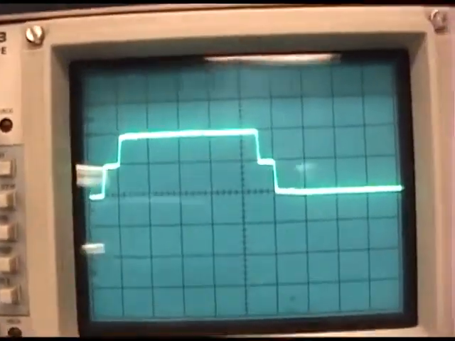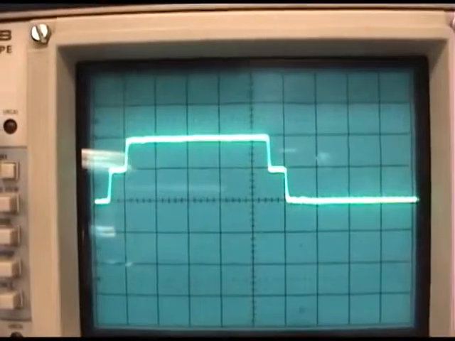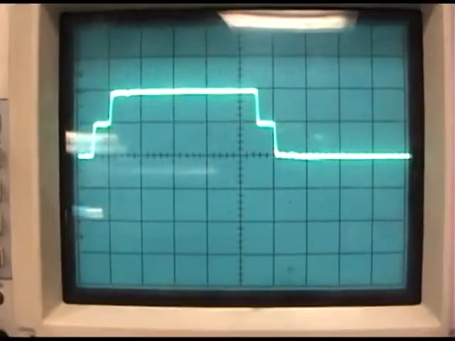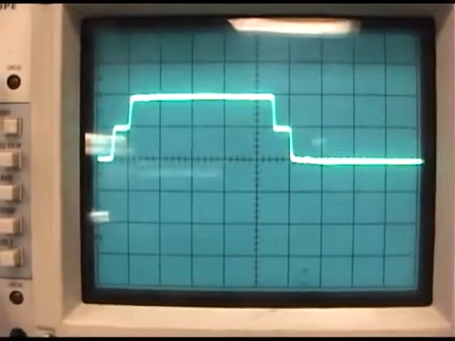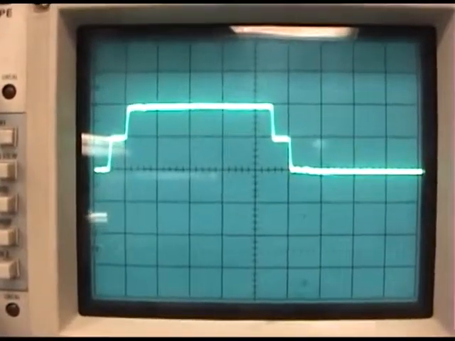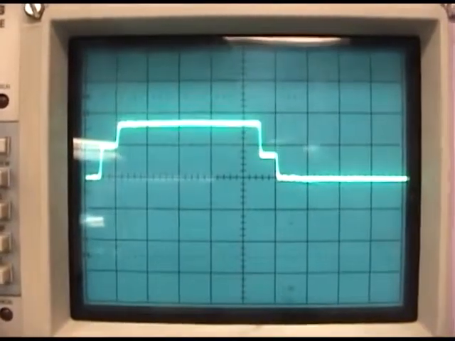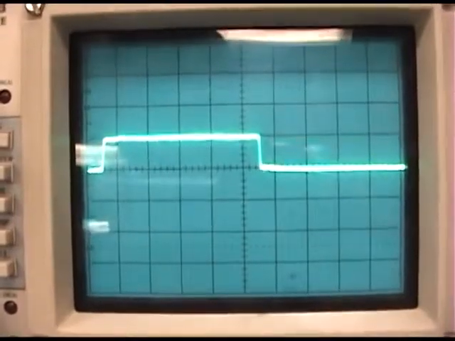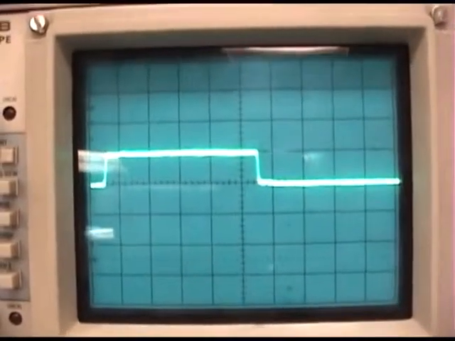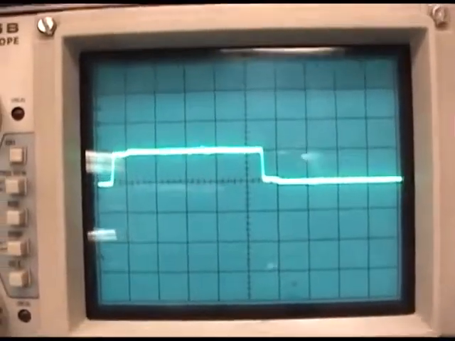As I adjust the potentiometer closer to 50 ohms, we're going to see the reflection start to disappear, because more of the pulse is being dissipated into the potentiometer.